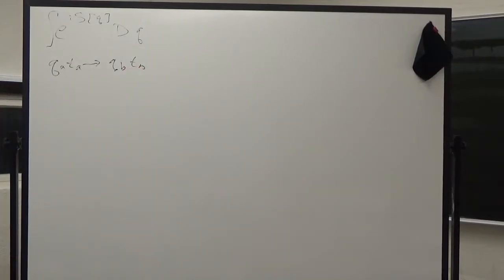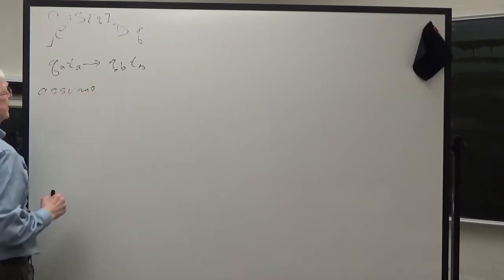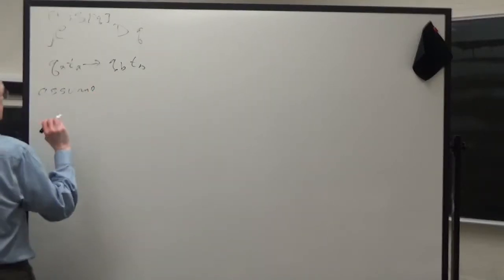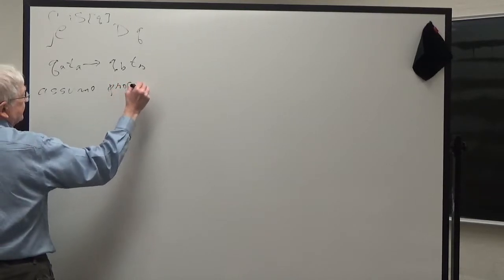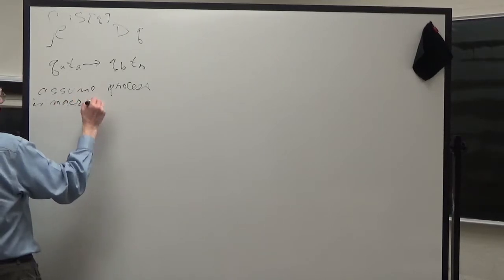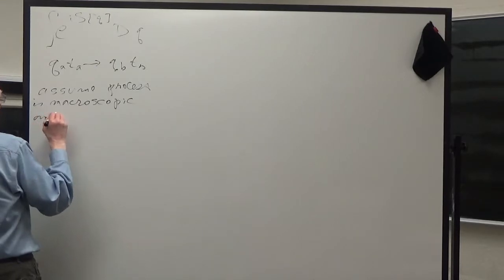And let us first assume that there is a process that is classical. First of all, that this process is macroscopic, and that there is a path from QA, TA to QB, TB that is stationary.